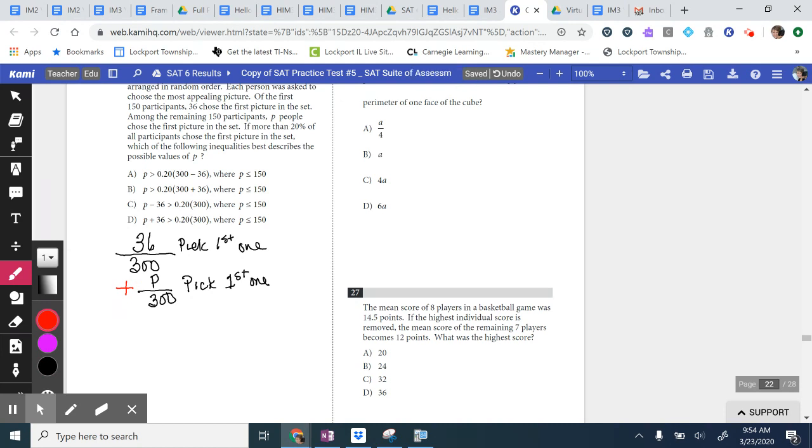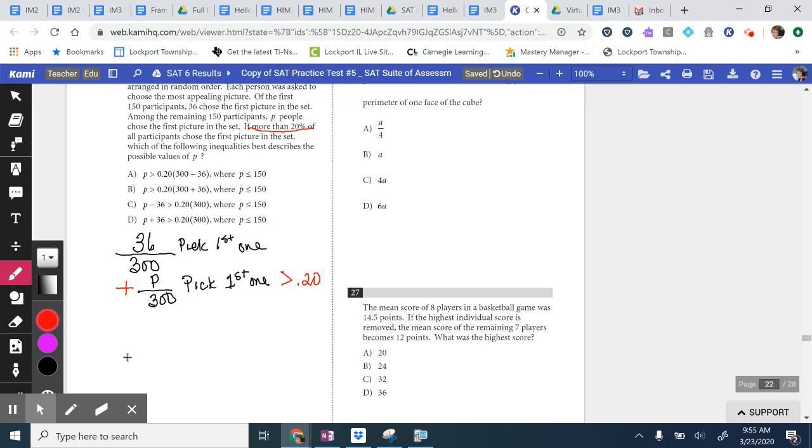And it says if more than 20% choose the first picture, what would a good value of P be equal to? Or what expression would we use to solve for P? So we need this plus this to be greater than 20% or 0.20.